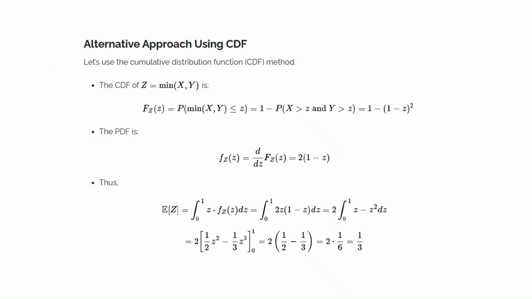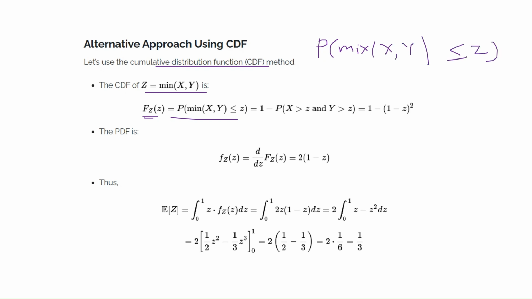Another approach to solve this is using the CDF method, the cumulative distribution function. We start by assuming that minimum of x and y is denoted by z. The CDF, denoted by capital F, is the probability that minimum of x and y is less than equal to some value z.